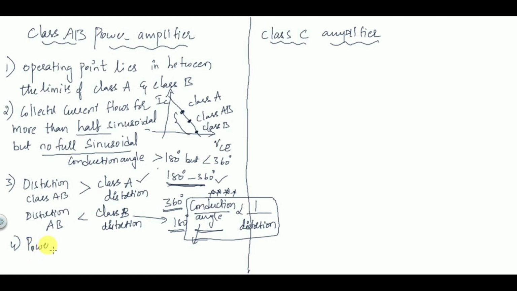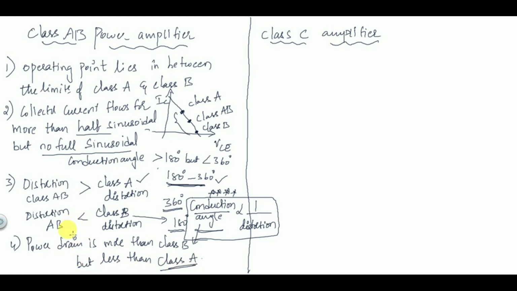The fourth point which you have to remember is power drain. Power drain is more than class B power amplifier but less than class A power amplifier. Power drain means that even when input is not applied, some collector current flows in the case of class A power amplifier.